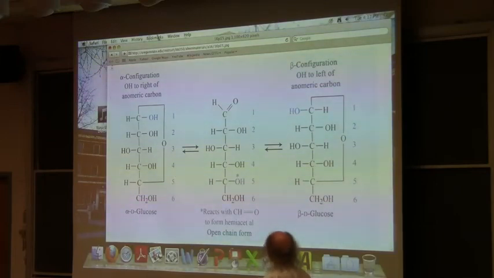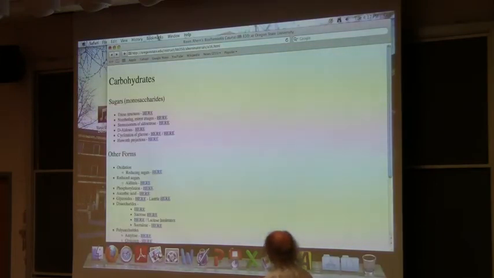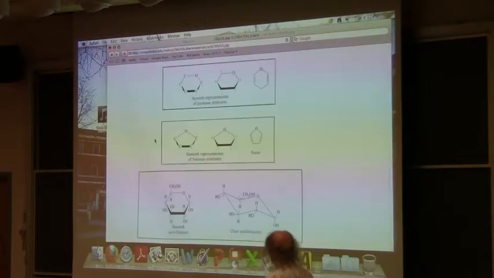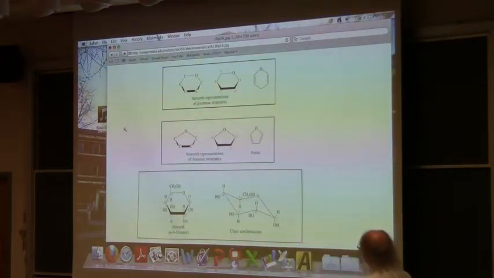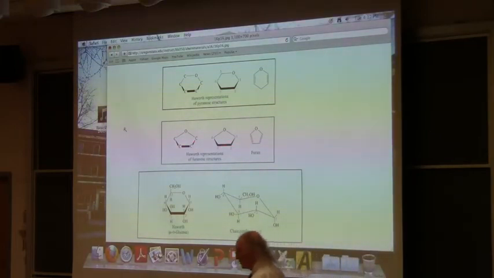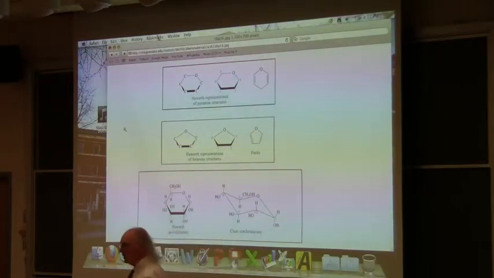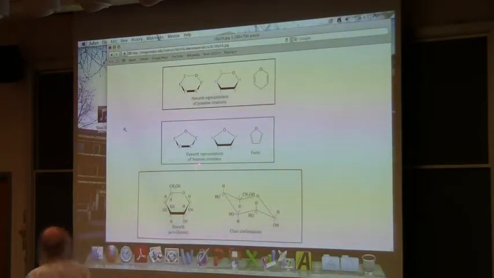That's repeating the same thing I just told you, so I'm not going to show you that again. And here are some Haworth projections. Those are pyranoses up here. Here are furanose projections up here. It's possible for a hexose, like fructose, to appear in a furanose form.